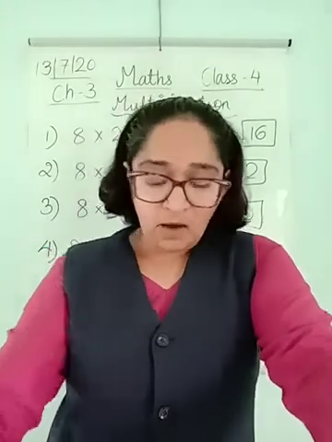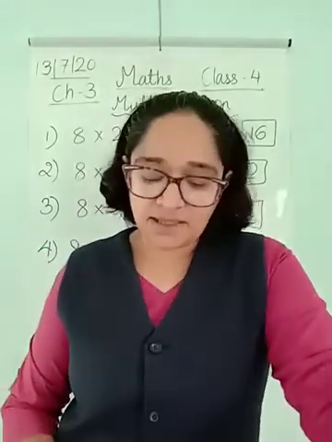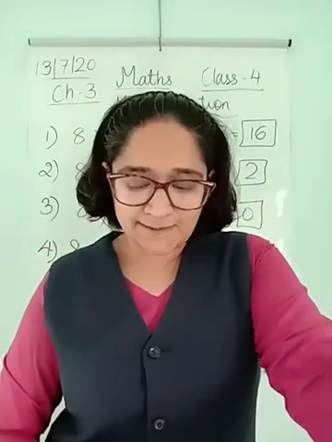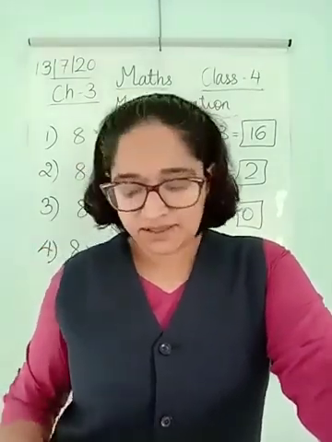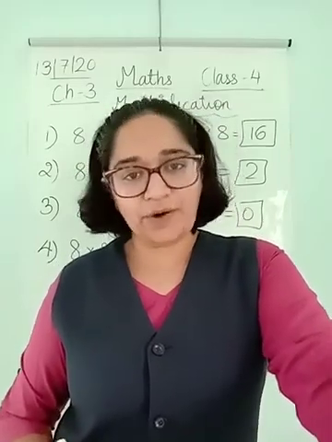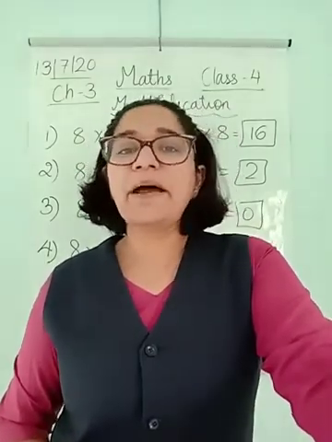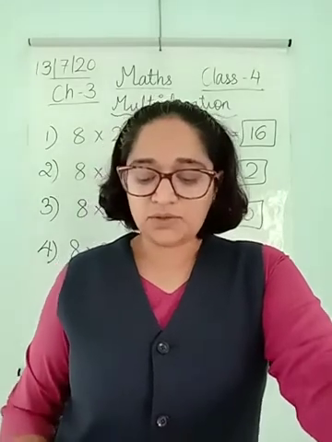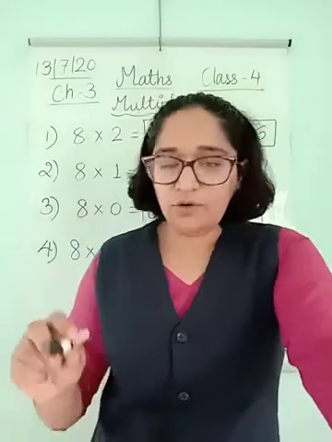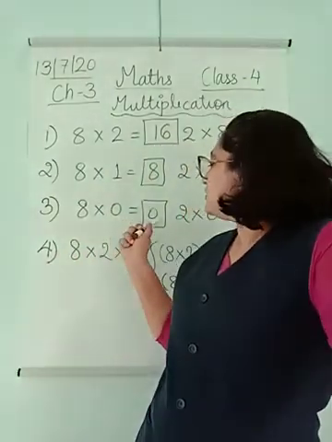Now based on these properties we are going to solve exercise 3.1, which is fill in the blanks. The first question: 6543 multiplied by 0 is equal to 0. I told you any number multiplied by 0 is equal to 0.